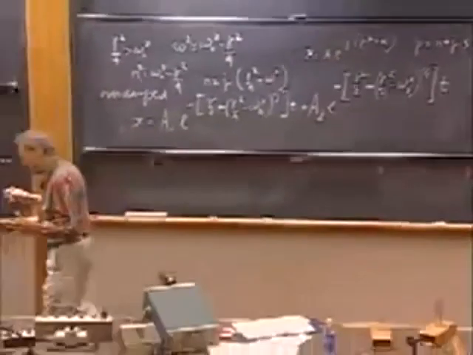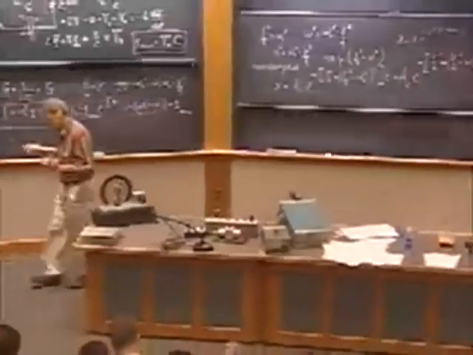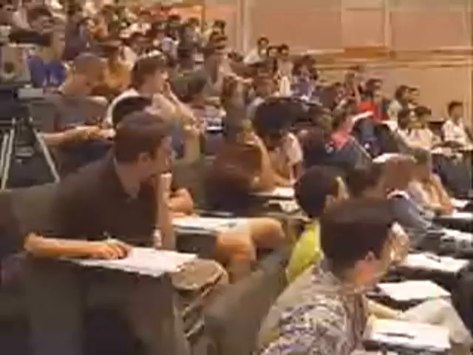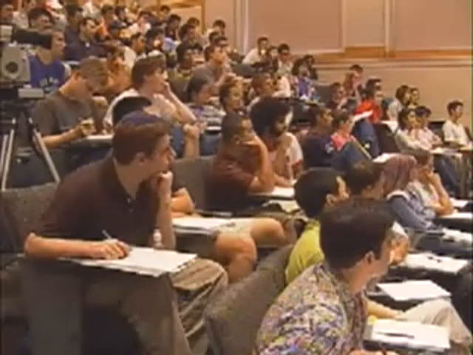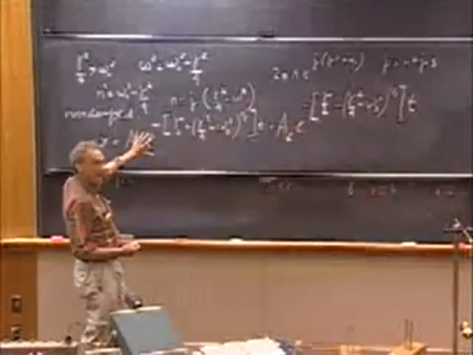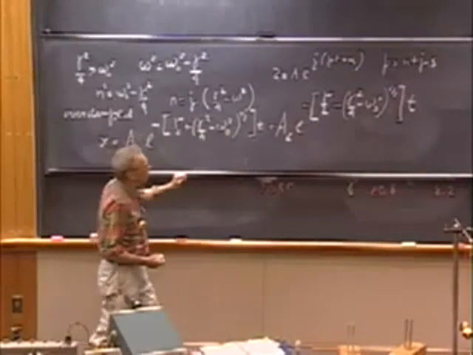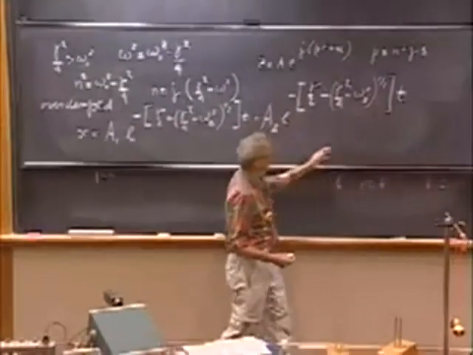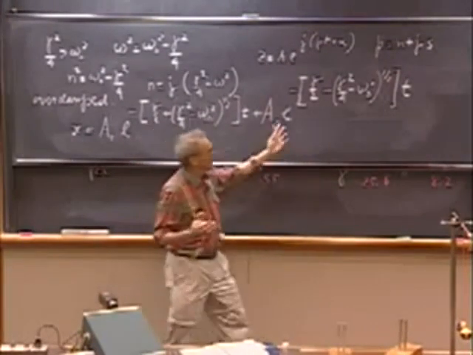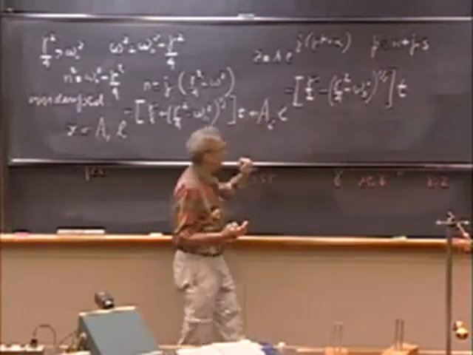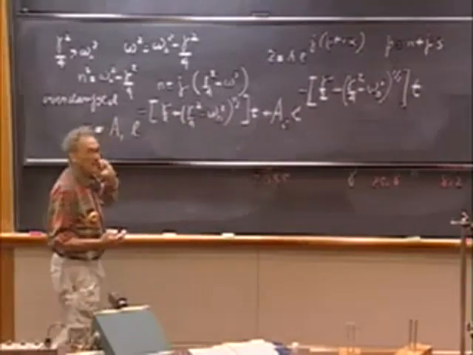You have to take my word for it that this is the solution. And when you look at this solution, nothing is oscillating anymore. This is a decaying amplitude, A1, and this is a decaying amplitude, A2. They have different decay times. This determines one decay time, and this determines the other decay time.